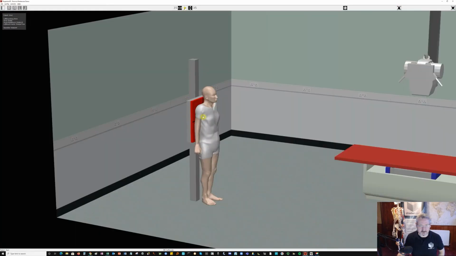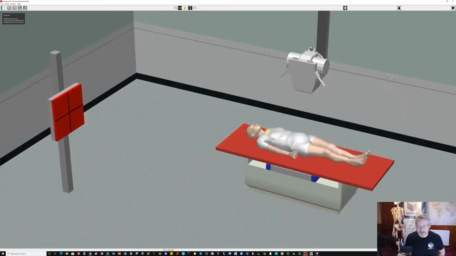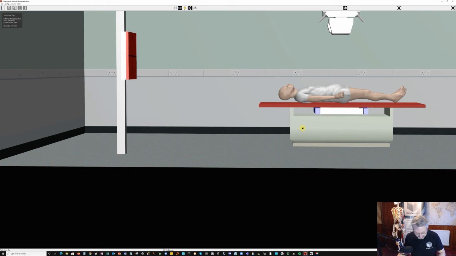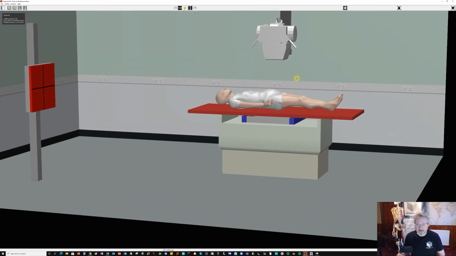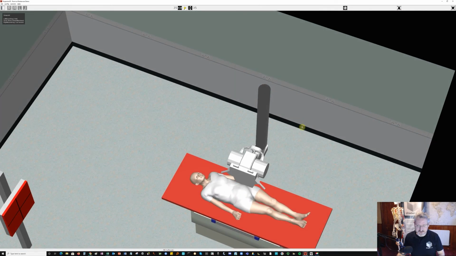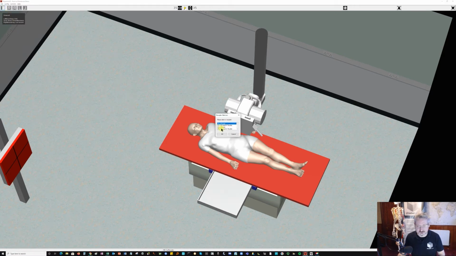So we're going to bring her in, pop her on the table, raise the table up. It's an experiment, so we don't have to do the whole how you would normally consent patients and things like that. We're treating this patient as a phantom on this occasion.